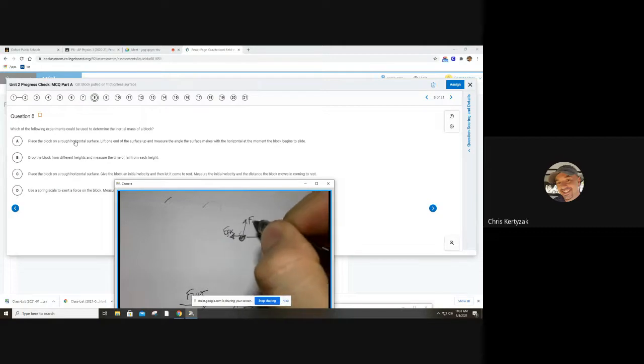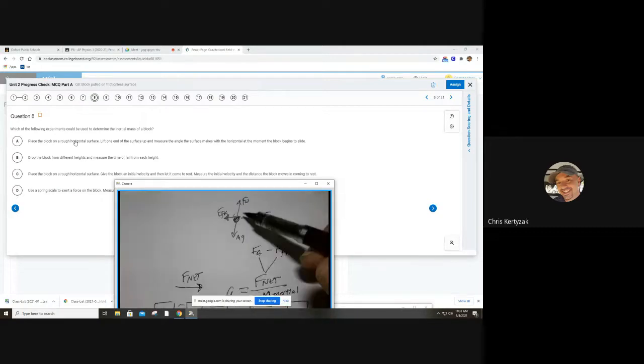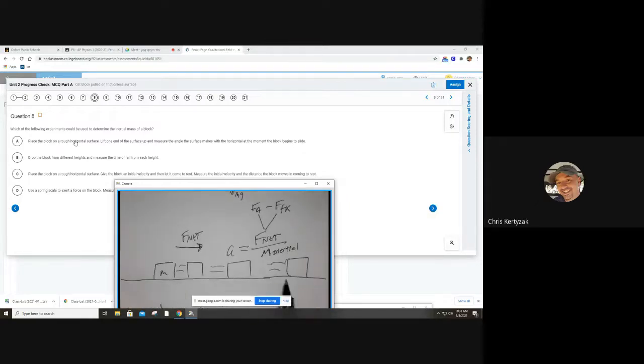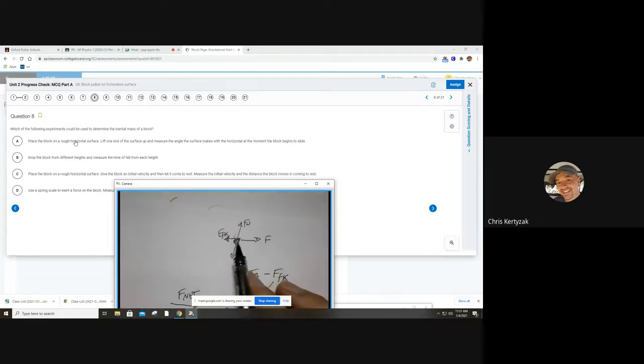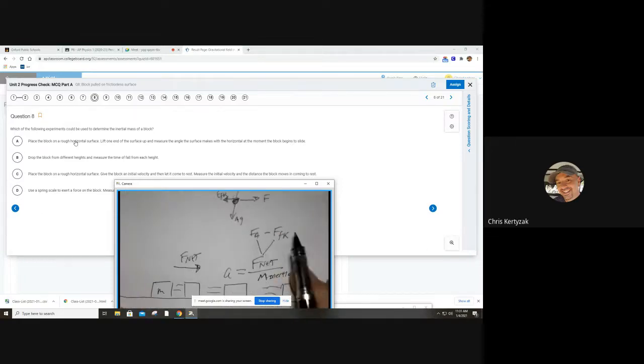Of course, there's these vertical ones along this vertical axis as well. But horizontally speaking, if you're doing it on a rough surface, then because there's friction backwards, now this becomes more complicated. If you're trying to determine the inertial mass of this, it's better just to be on a smooth surface so that this is an easy thing to measure, right?